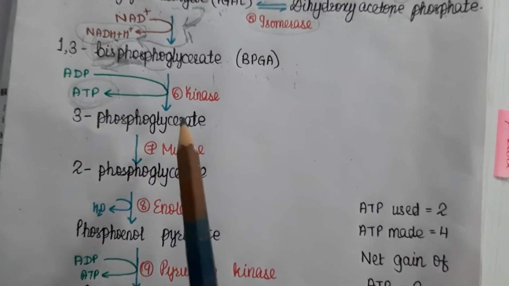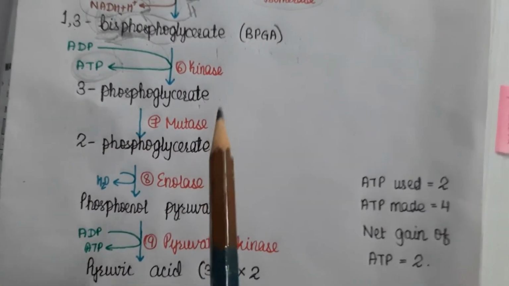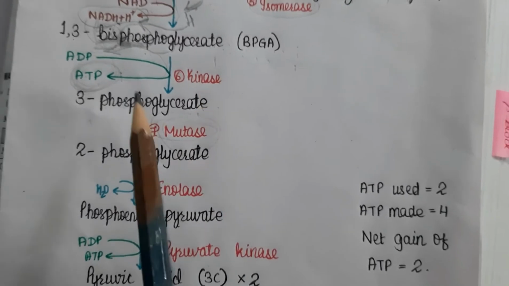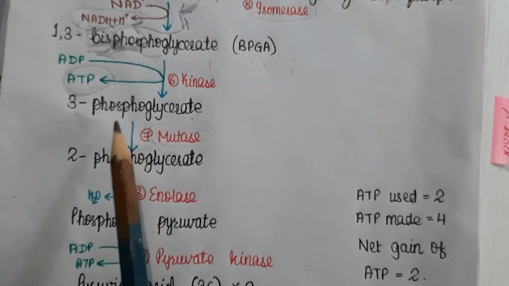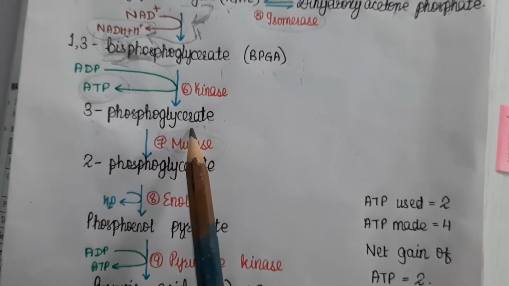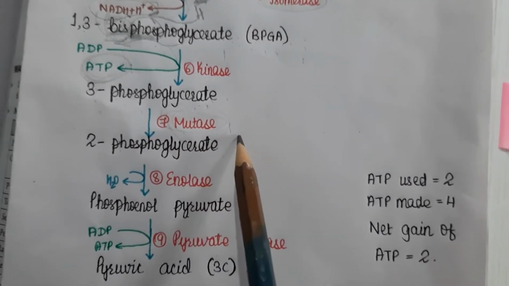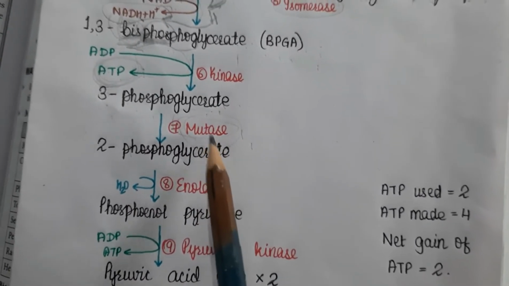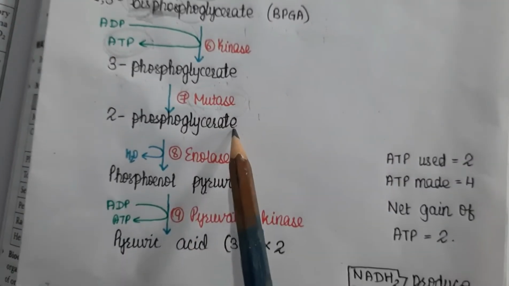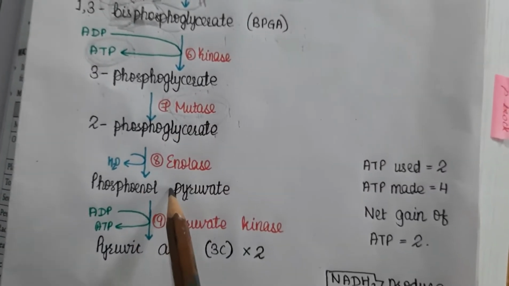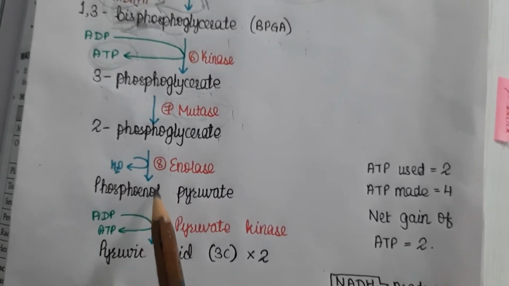Now 3-phosphoglycerate gets converted into 2-phosphoglycerate by the enzyme mutase. So we can see that this is just the shifting of position of the functional group from 3 to 2. So mutation. Mutase is the enzyme which helps in this conversion. So 2-phosphoglycerate again has to get converted into phosphoenol pyruvate.